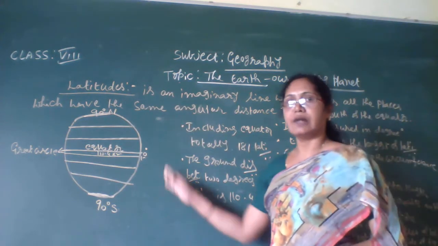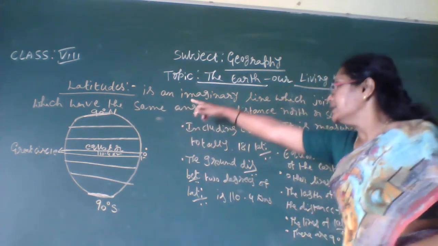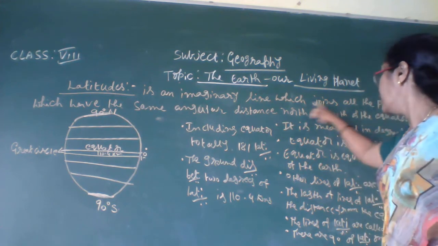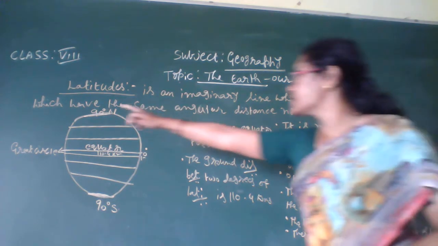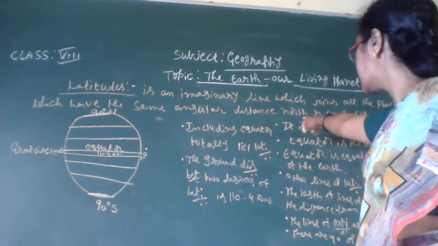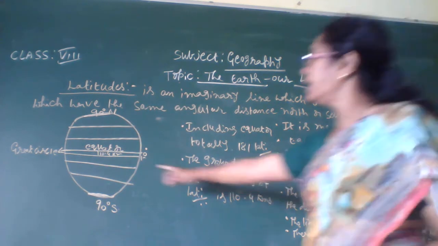You understood latitudes, right? Latitude means an imaginary line which joins all the places which have the same angular distance north or south of the equator.